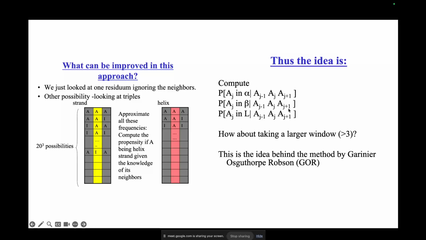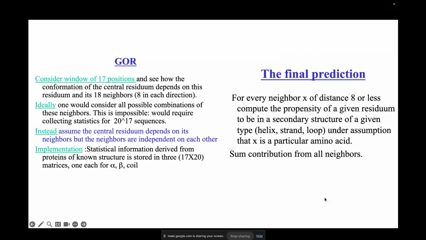For beta sheet also, you calculate the three. If it is present in some other window, it is also calculated in three. You can take a larger window as well. Why limit yourself to three residues? You can take a larger window, like 10 or 20 residues. That is the idea behind this GOR method.